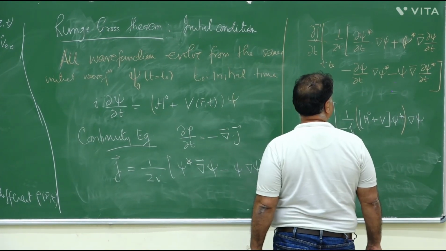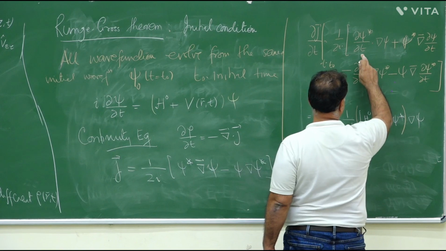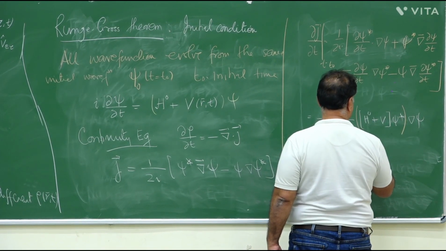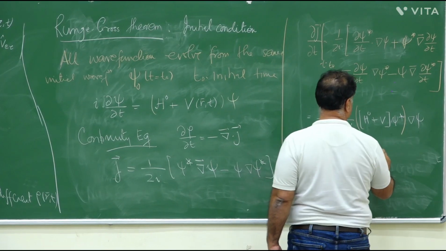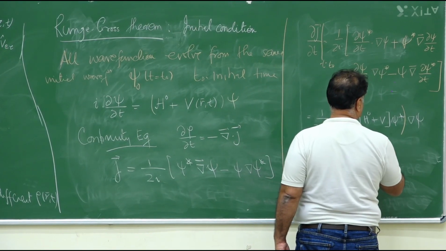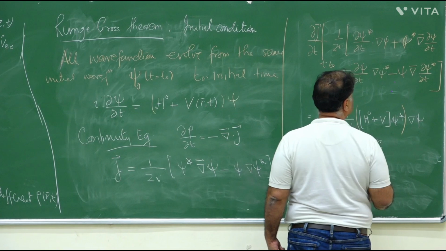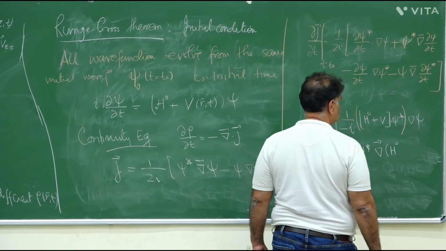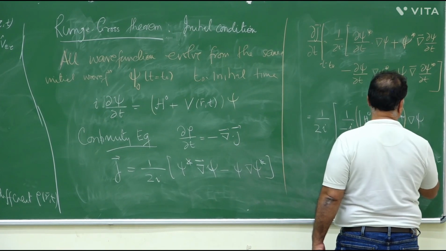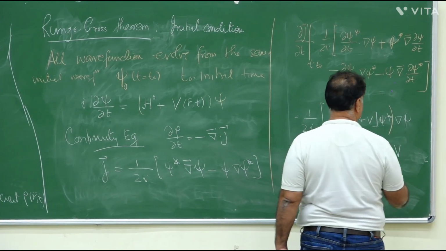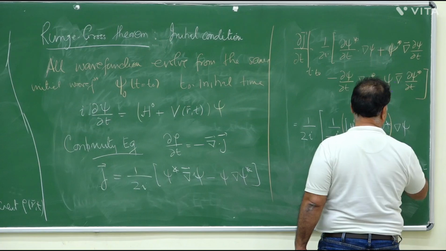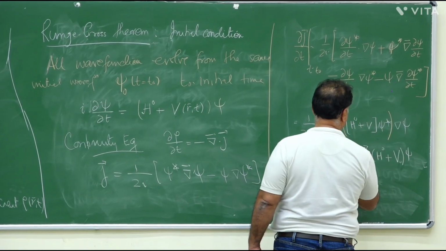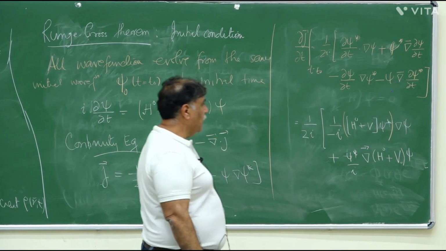So this term I have written, plus psi star and grad of H naught plus V psi over R. Is that okay?